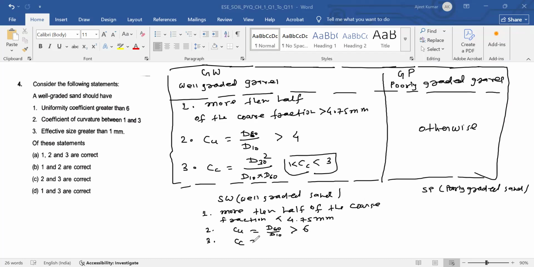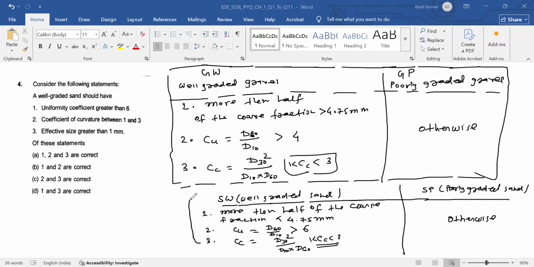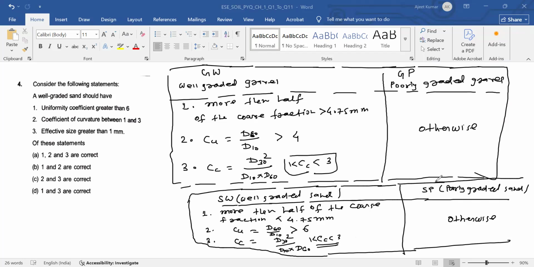And third, Cc, D30 square by D10 into D60, must lie in between 1 to 3, otherwise it will be poorly graded sand. So these three conditions must be satisfied for well-graded sand.